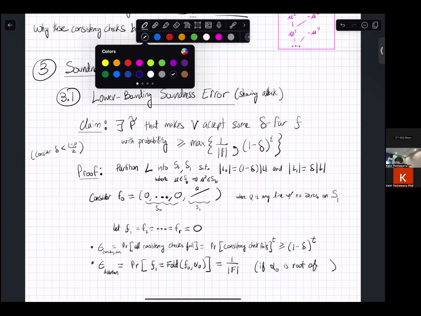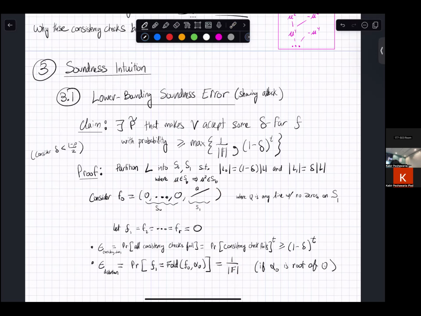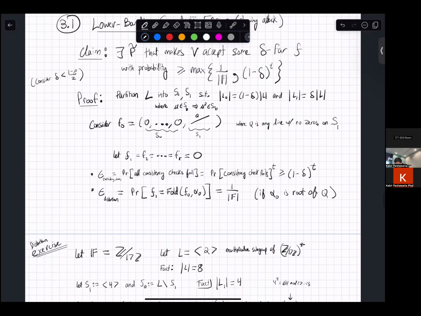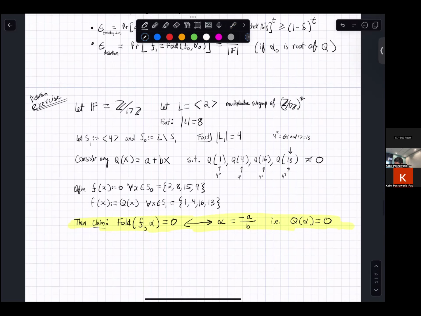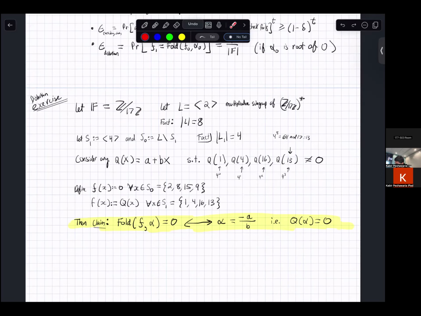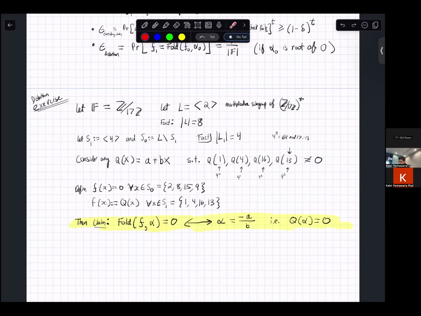And so I have put a mini fun homework problem I came up with down here, which illustrates this attack. Basically, we can take our field to be Z mod 17Z, and then we can think about our domain as being the multiplicative subgroup generated by 2. And this domain is actually of size 8.